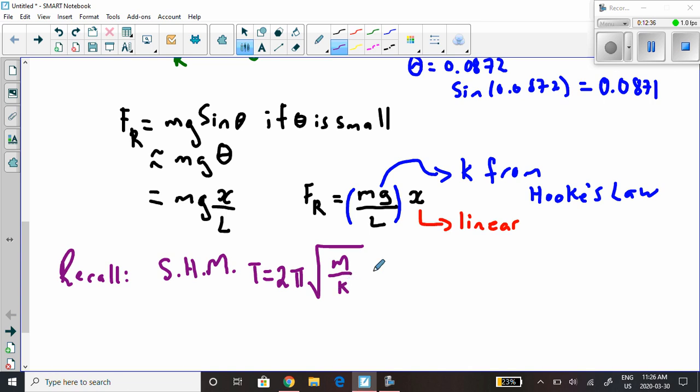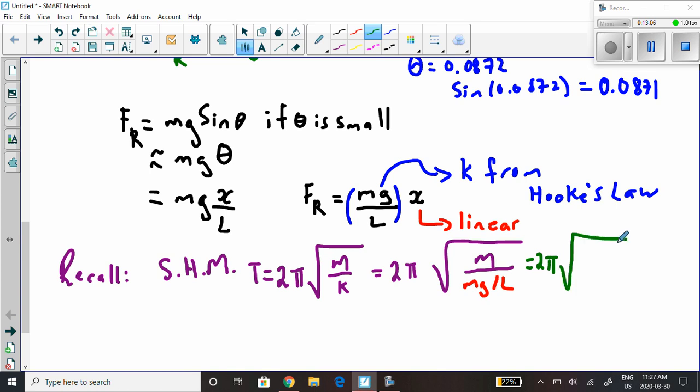But look at what we've just discovered today: instead of having k when it's a simple pendulum, it's mg over L. Well, if you're dividing by mg over L, it's the same as multiplying by the reciprocal, the inverse.